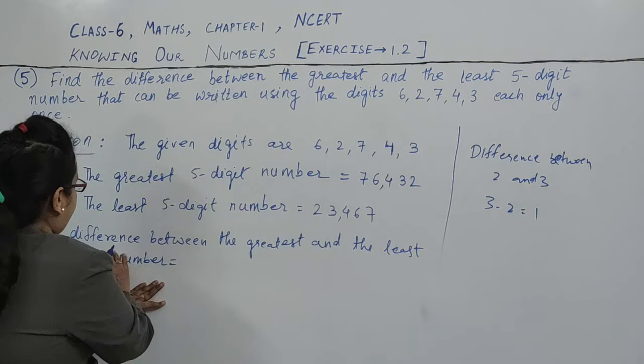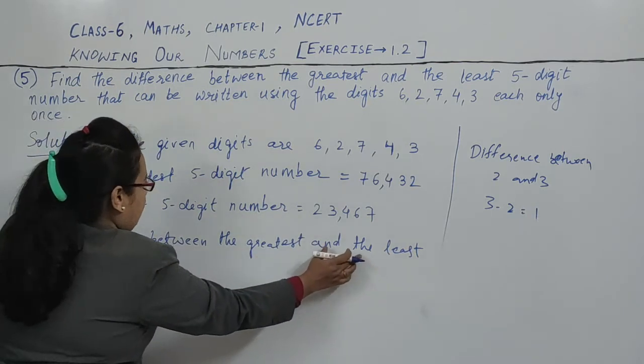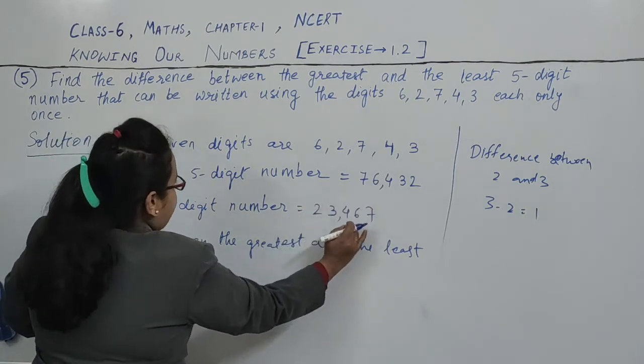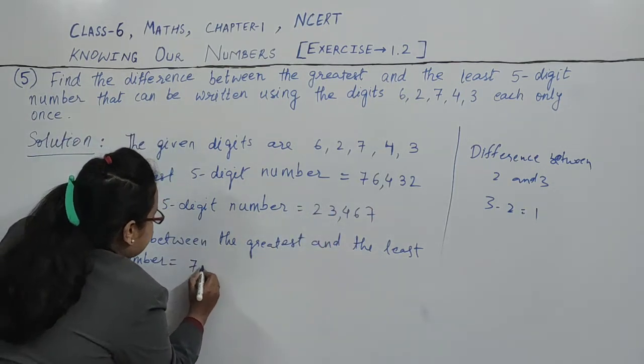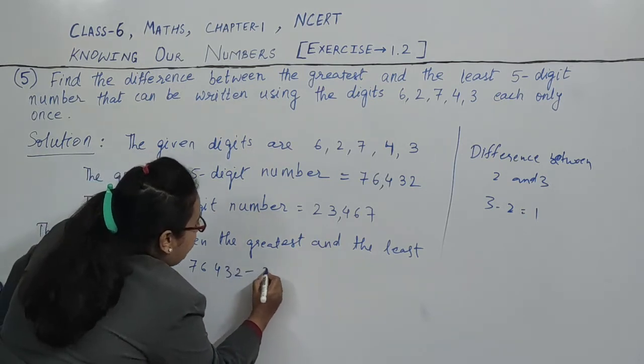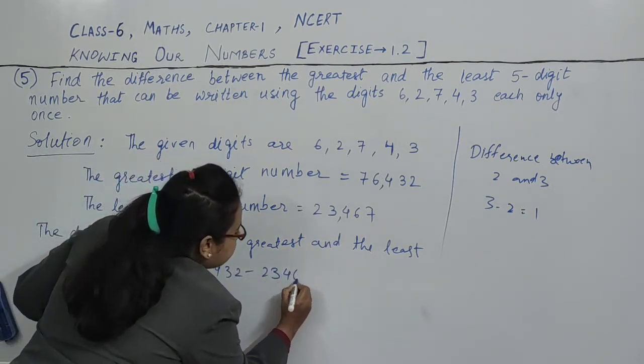To find the difference between the greatest and the least, we have to subtract the smaller number from the bigger number, right?